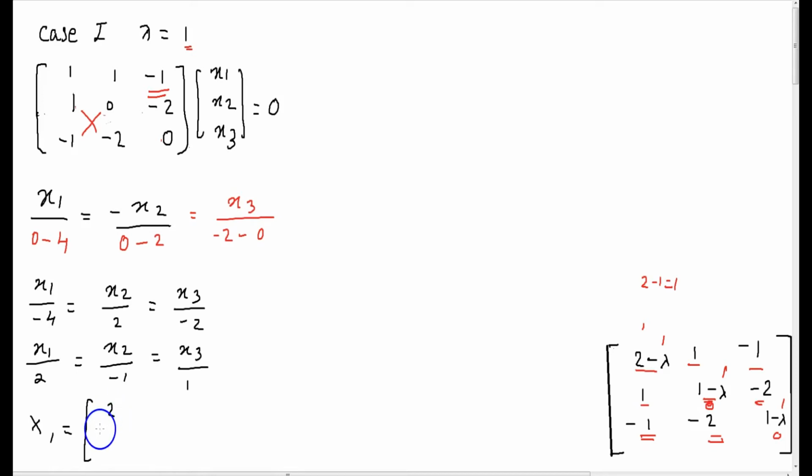That gives the vector x1 equal to 2 minus 1 1. 2 minus 1 1 is the eigenvector corresponding to lambda equal to 1.